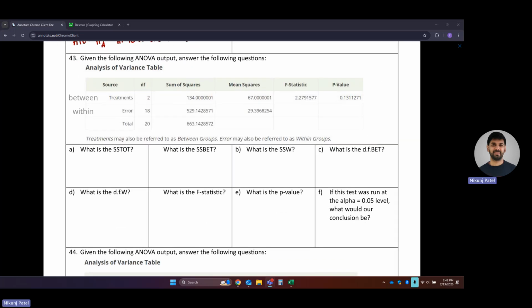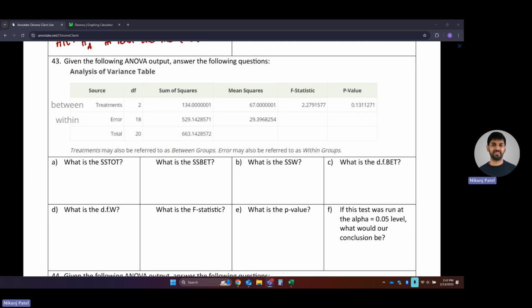For number 43 and 44, you're given what's called an ANOVA table, analysis of variance. The letters actually hide ANOVA in there. It will give you this table right here in the problem, and it will ask you one of these possible questions.